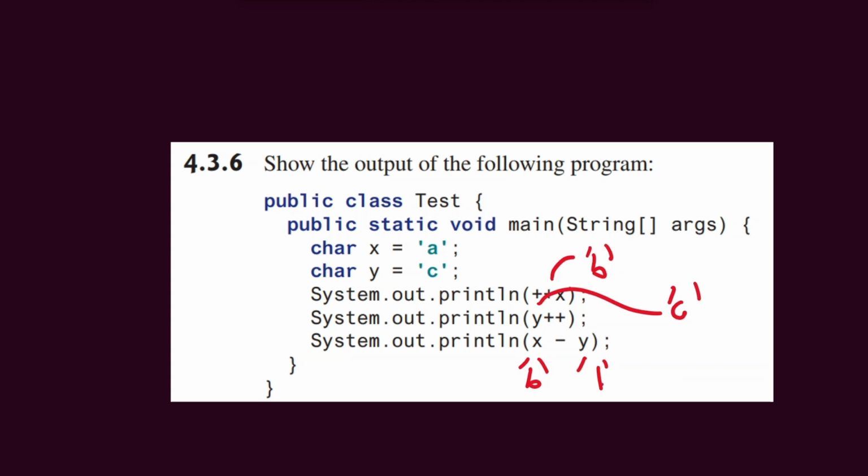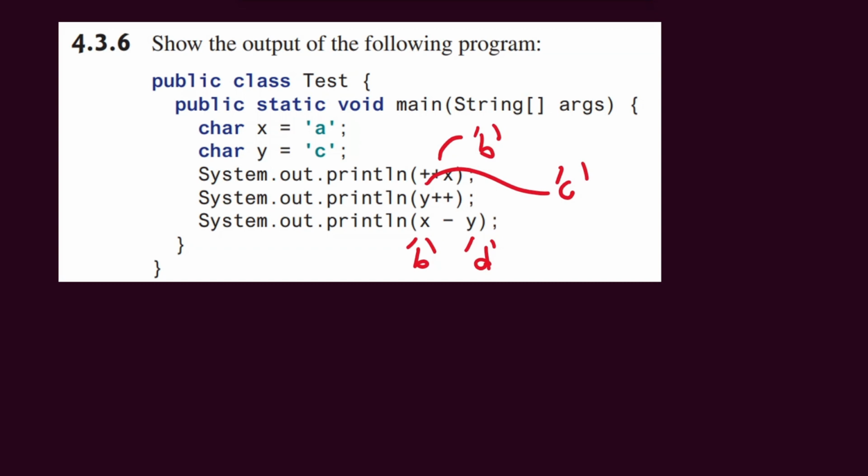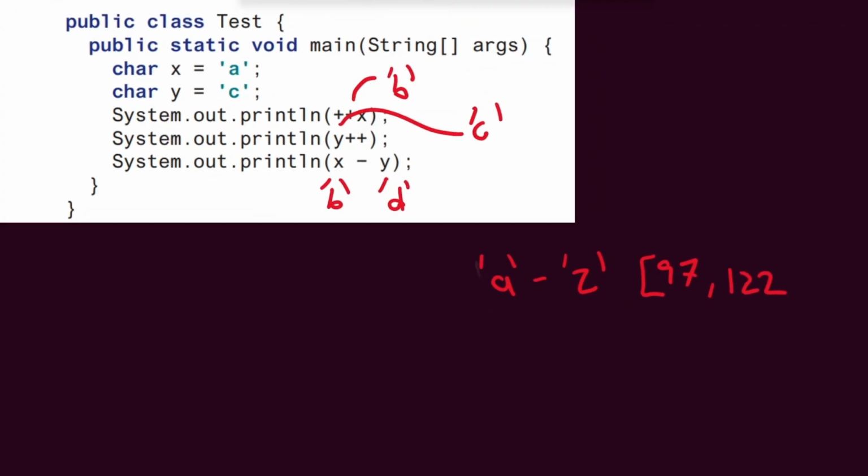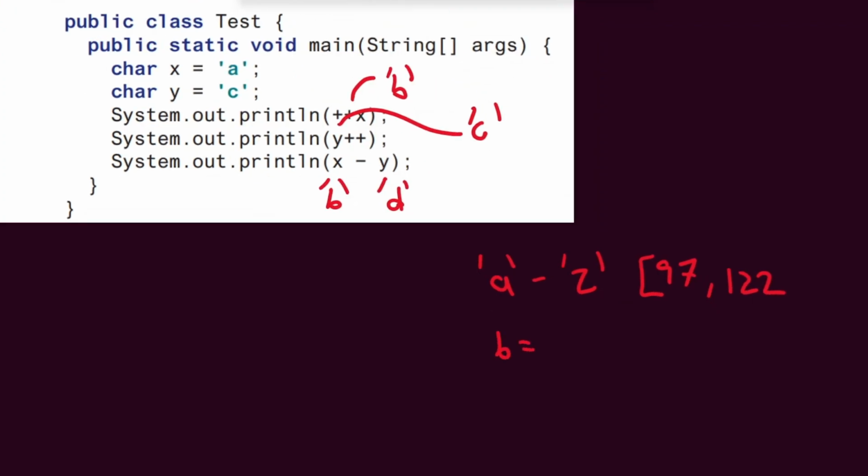So c becomes d. Okay, so it's b minus d. And recall the lowercase letters are 97 to 122. So b will be 98, and d will be 100. So this is going to be 98 minus 100. That's minus 2. So this is going to give us minus 2.